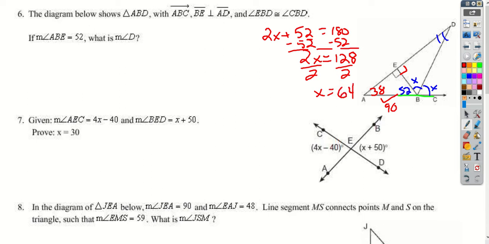And then we get 64. All right, so now that we know that this is 64, we can see that we have a right triangle here with 64. So the angle we're missing, D, has to add with 64 to give you 90. And so this is going to be 26 degrees.